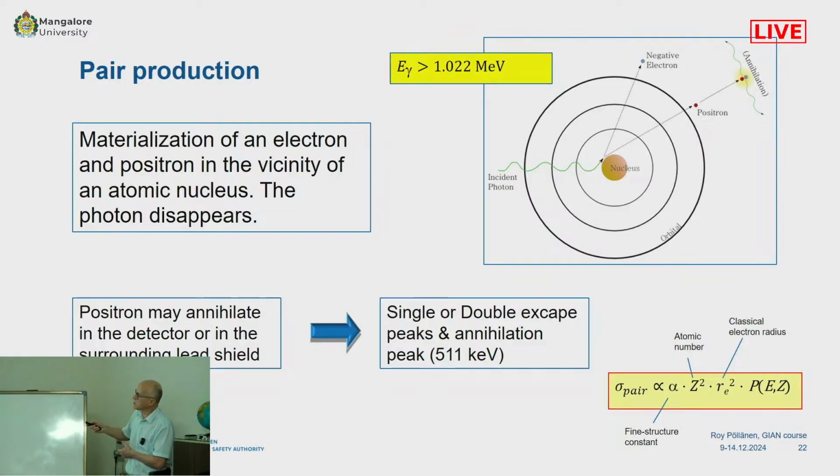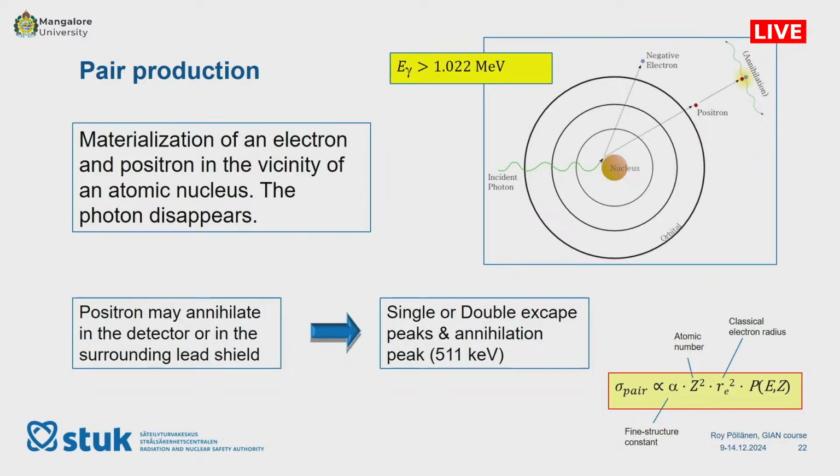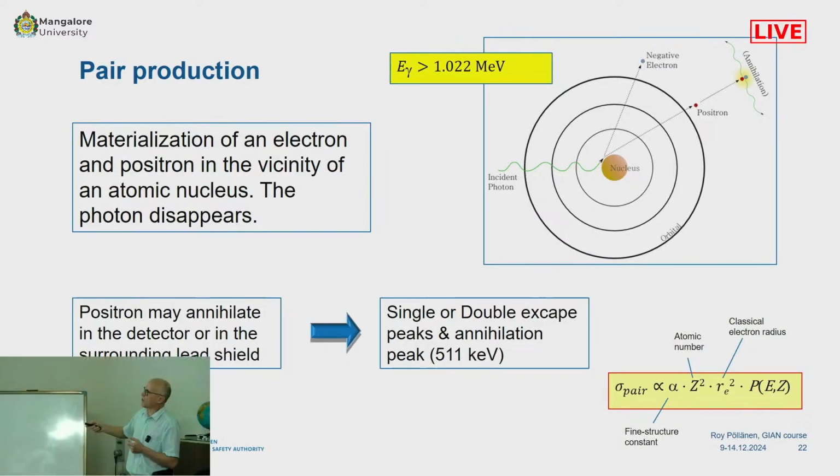But the energy must be 2 times the rest energy of the electron. So in fact, it's a materialization of an electron and positron pair close to the atomic nucleus. And the photon disappears.